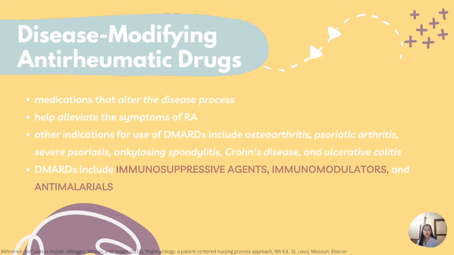Now let's move on with the disease-modifying anti-rheumatic drugs, or the DMARDs. When NSAIDs do not control immune-mediated arthritic disease sufficiently, other drugs, although more toxic, can be prescribed to alter the disease process. The DMARDs include immunosuppressive agents, immunomodulators, and antimalarials.